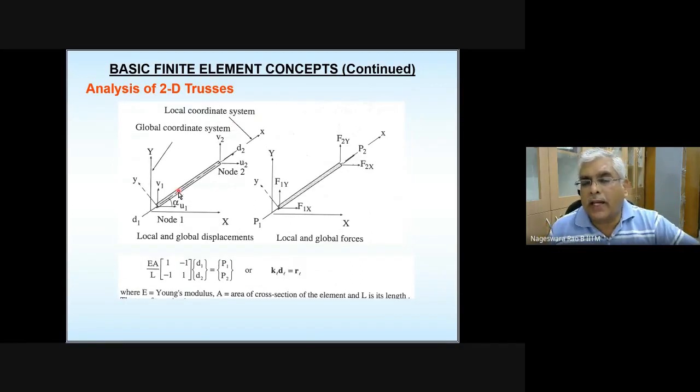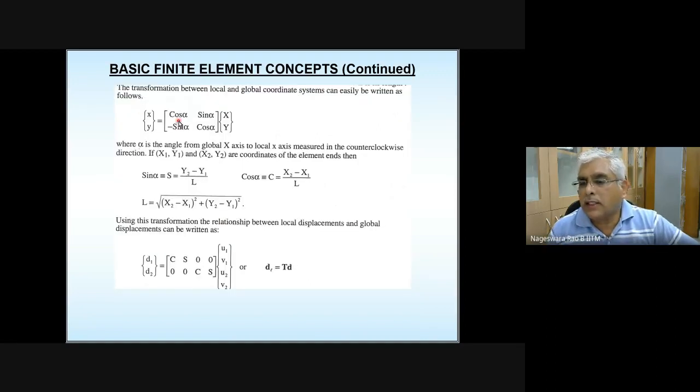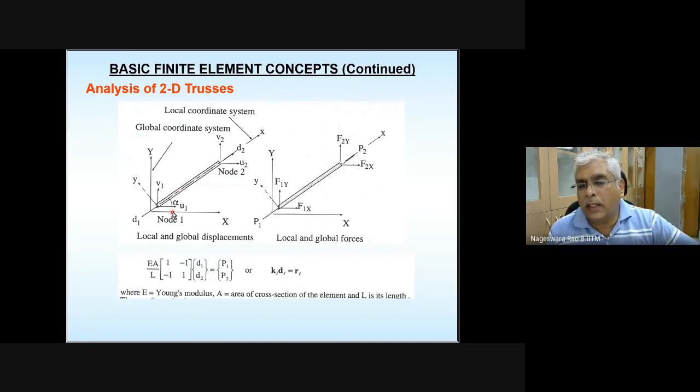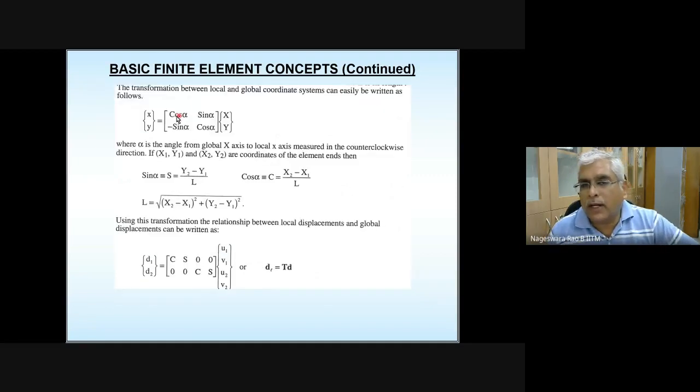Alpha is the angle between local x-axis and global x-axis. Then only is this the relation. If alpha is the angle between local x-axis and global y-axis, wherever alpha is there in this relation, you need to replace that with 90 minus alpha. So you should be very careful how alpha is defined.